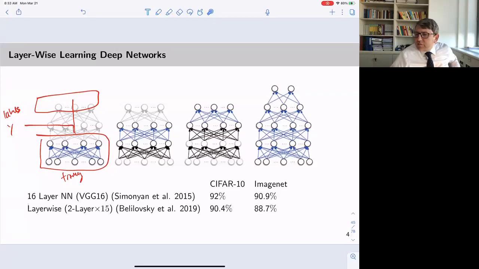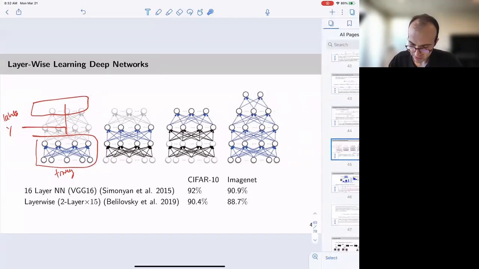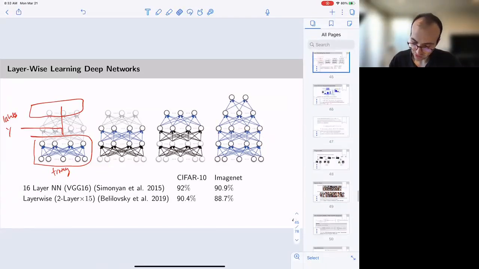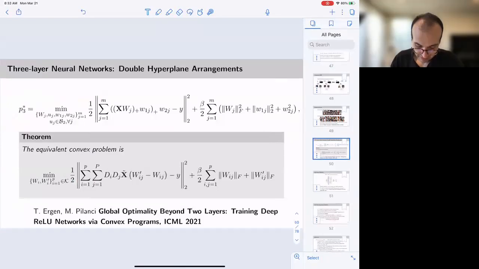There is a question by Tingwei Meng, asking how to proceed with K layers, if one can do the same by considering K-1 hyperplanes. Good question. Yes, it is possible. We did this, only theoretically for now. It will be essentially like this, but you will have K summations here.